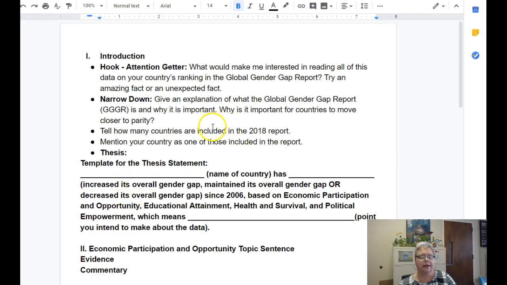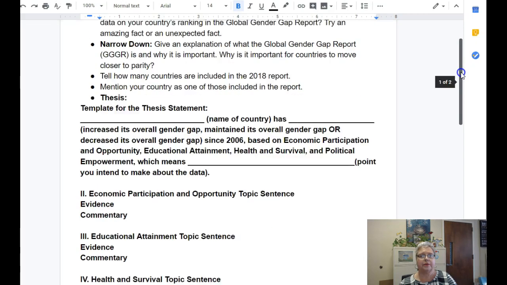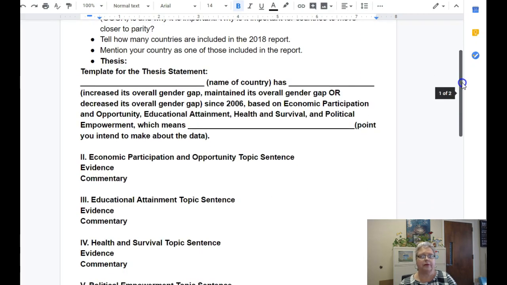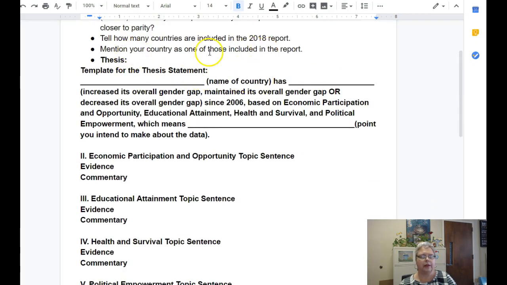And you're going to continue to narrow it down until you get to mentioning how many countries are included on the report, and then mention your country as one of those. I think it's 149 countries, and yours is one of those 149. Remember, you're not writing about the United States, you're writing about another country.